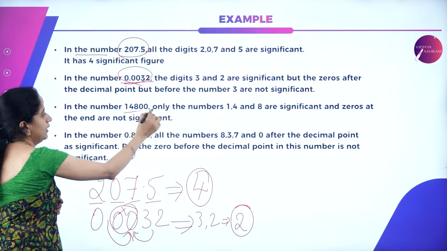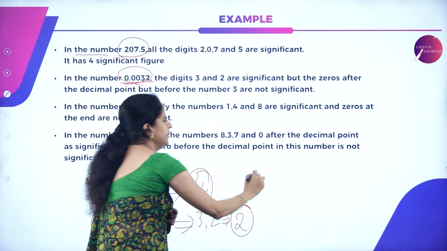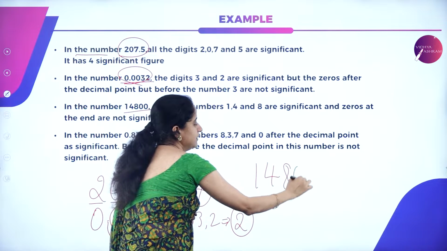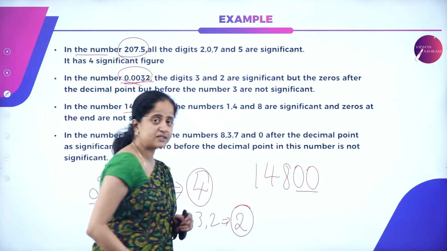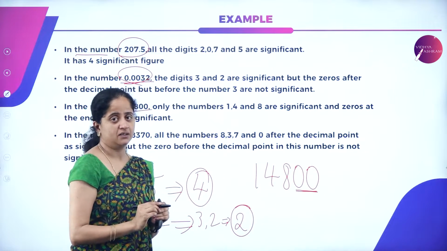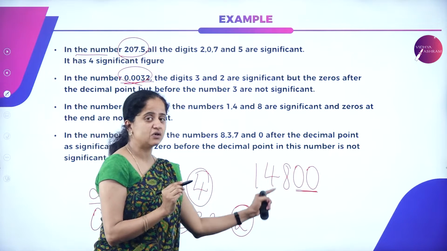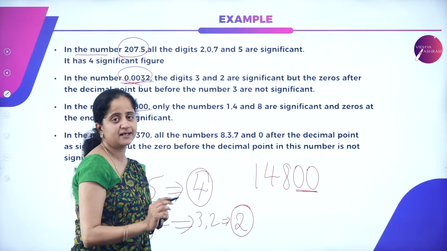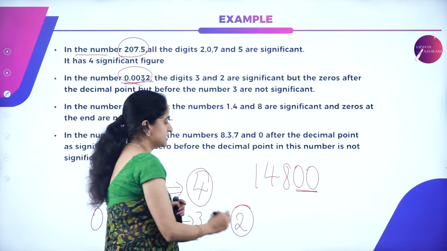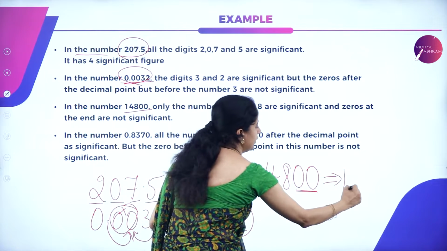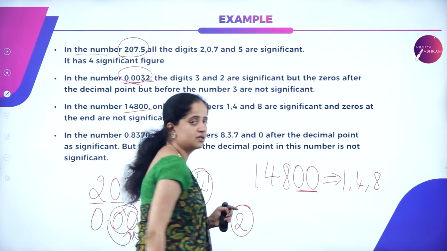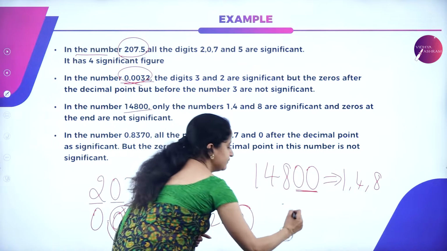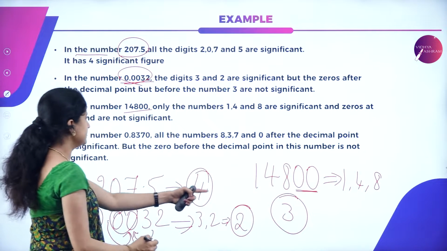Next we have the number 14800. Here we have zeros at the end without a decimal. When there is no decimal, the zeros at the end of a number are considered as not significant. And hence only 1, 4 and 8 are significant, and we have 3 significant figures in this example.